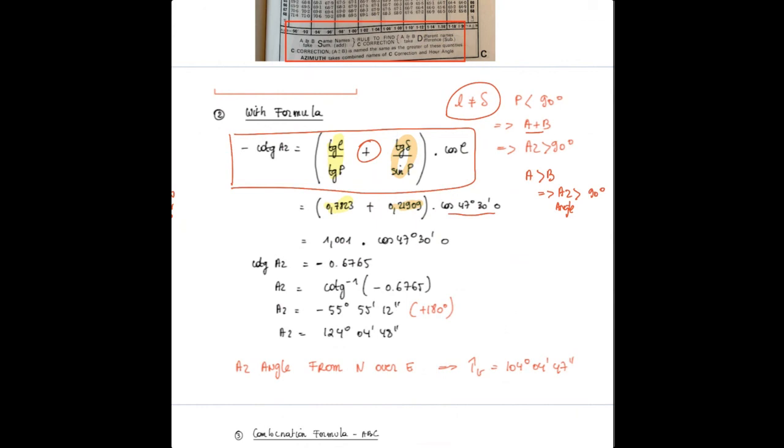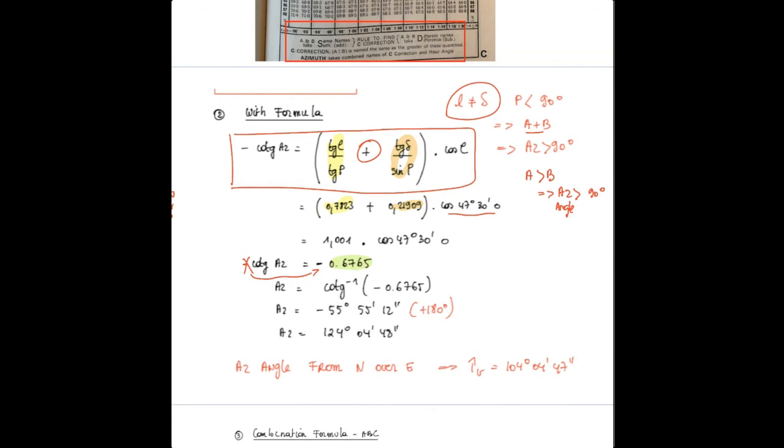and this will give us this value here, and then the minus sign gets put on the other side. Okay, and I take the inverse of the cotangent of that value there, and this gives me a negative angle.